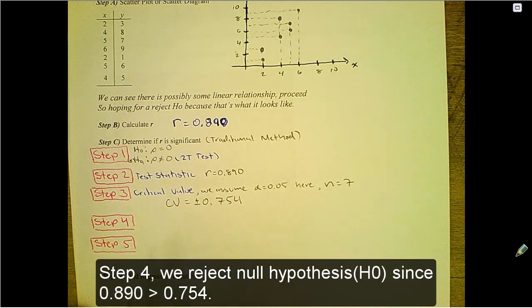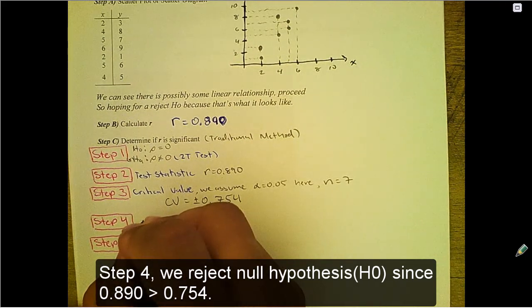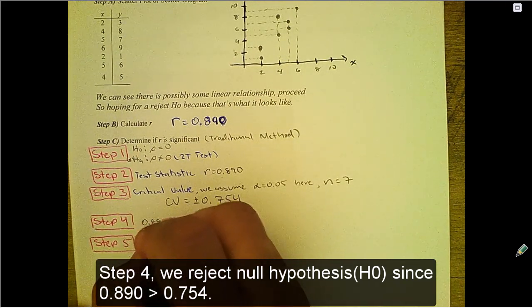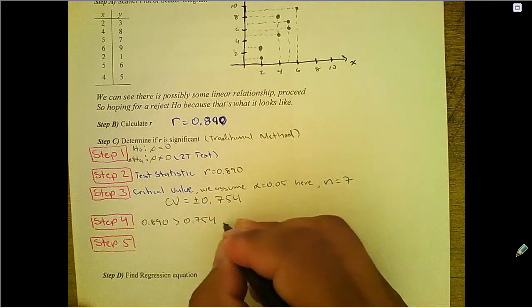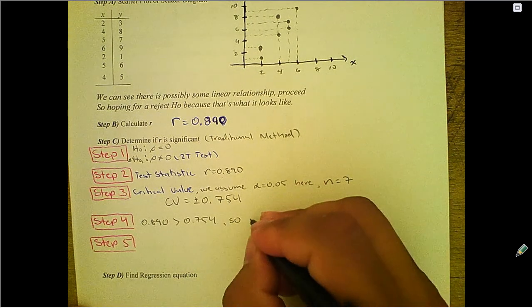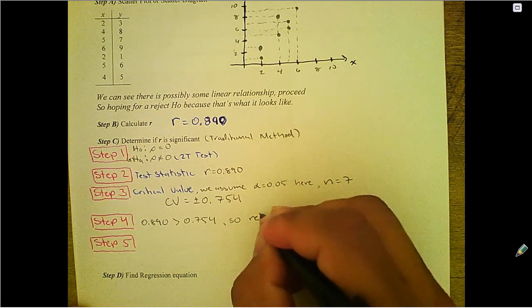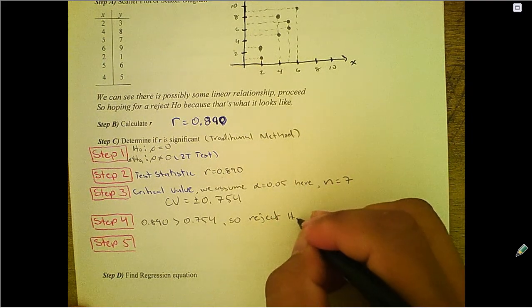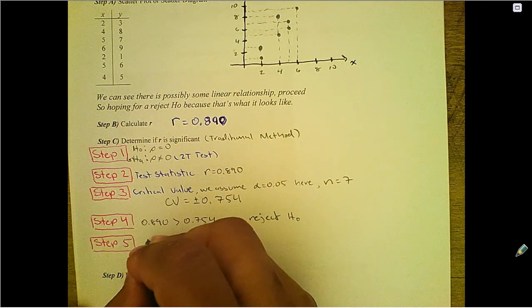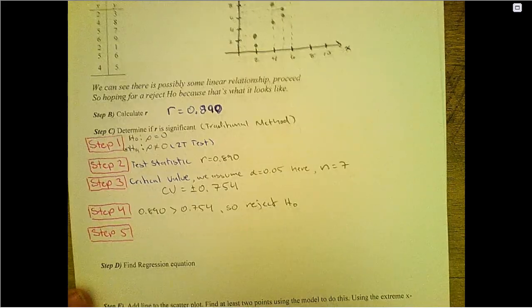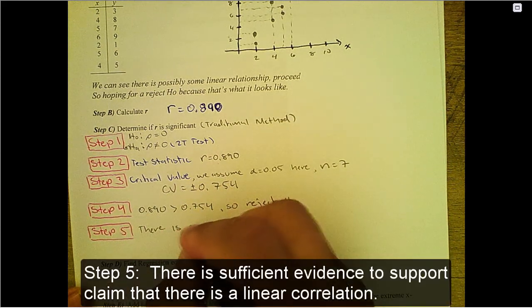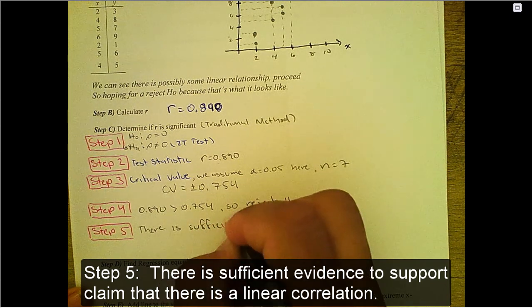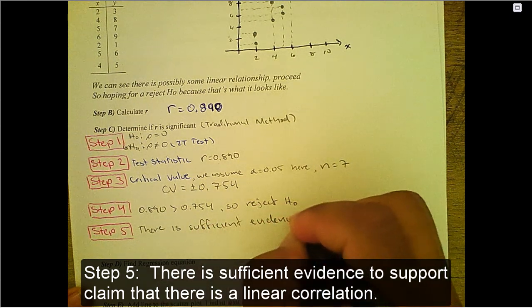Step 4, we reject the null hypothesis since 0.890 is greater than 0.754. Step 5, there is sufficient evidence to support the claim that there is a linear correlation.